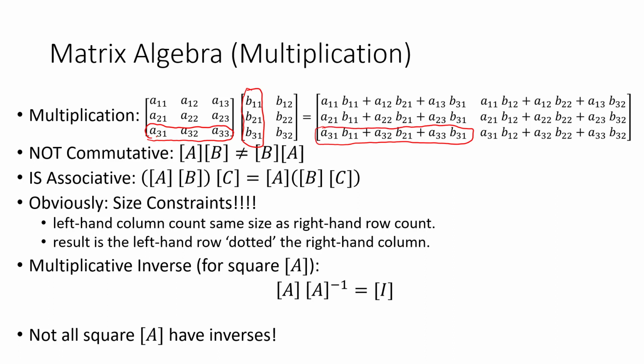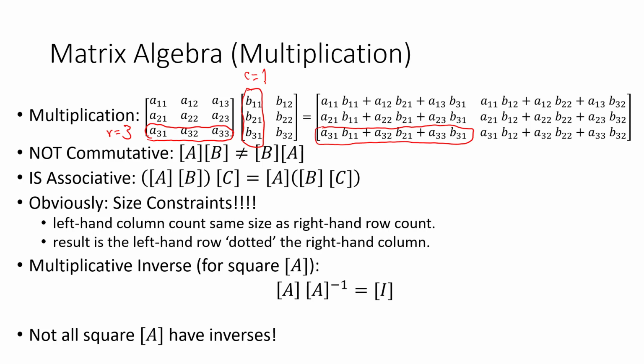So using our notation, we've got 3,1, 3,2, 3,3 for our A, dotted with 1,1, 2,1, 3,1 with our B. So that's going to be A31 B11 plus A32 B21 plus A33 B31 dotted together. Say here that R equals 3, that's the third row, and let's say here C equals 1, that's the first column.